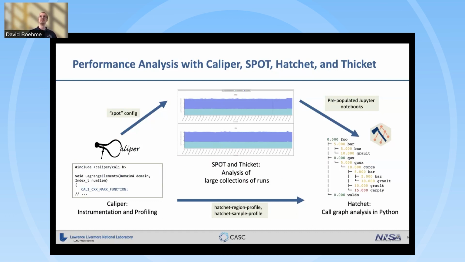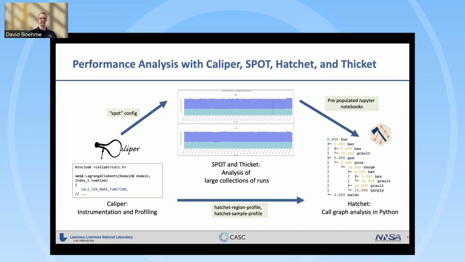So Spot works well if you are an LC user where we have an instance of Spot running, but trying to integrate it into your own separate HPC center is a little bit more difficult. Whereas Thicket is a Python framework that you can basically just install and run anywhere. And Stephanie and Olga are going to cover Thicket in the second part of this tutorial.